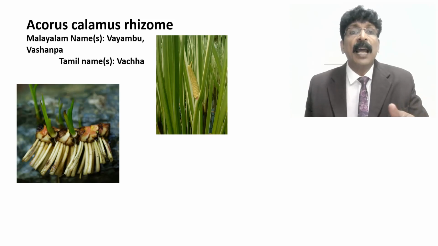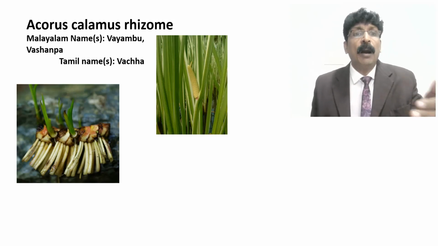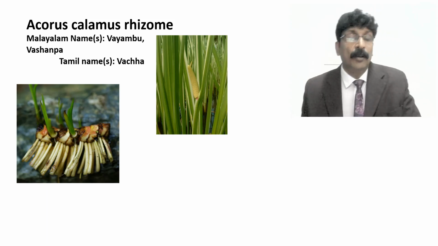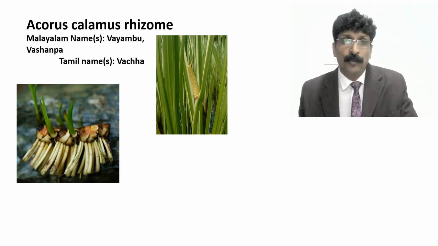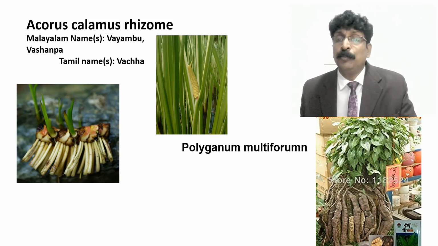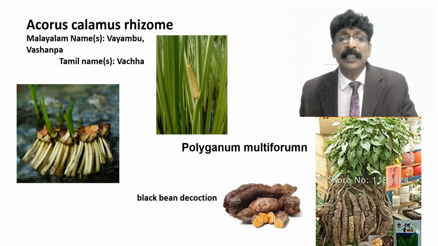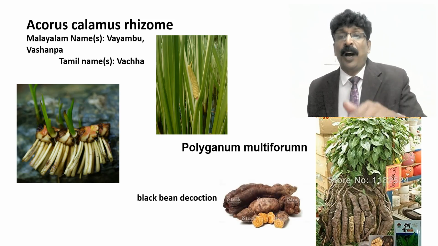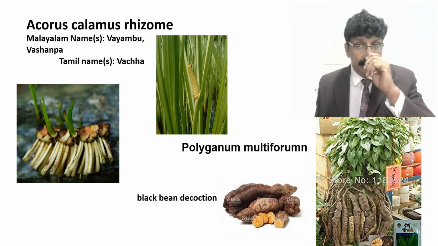In Malayalam you can say Vayambu or Vasambu, and in Tamil also Vacha. And Polygonum multiflorum is a plant with a rhizome in this form. It is the rhizome that is used, with black bean decoction.